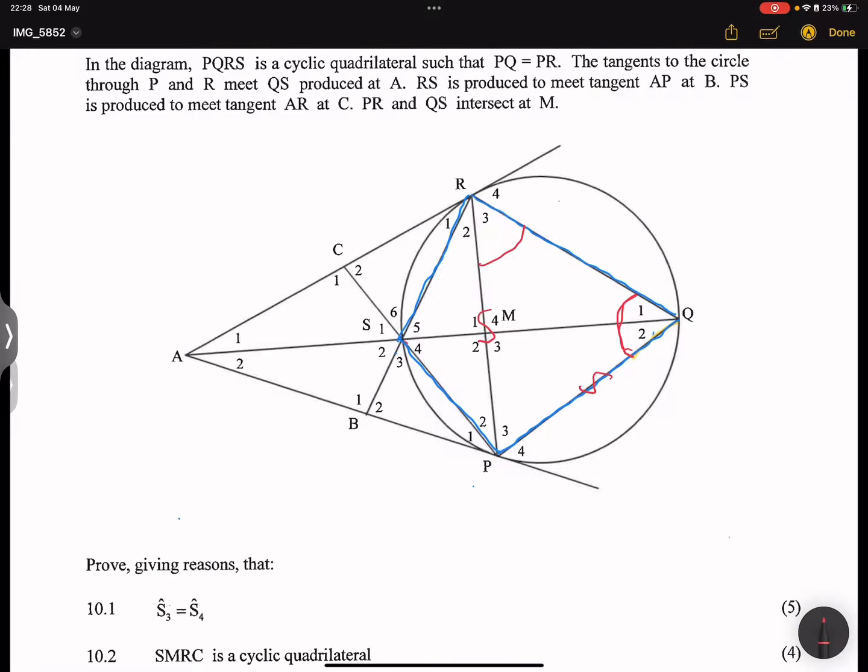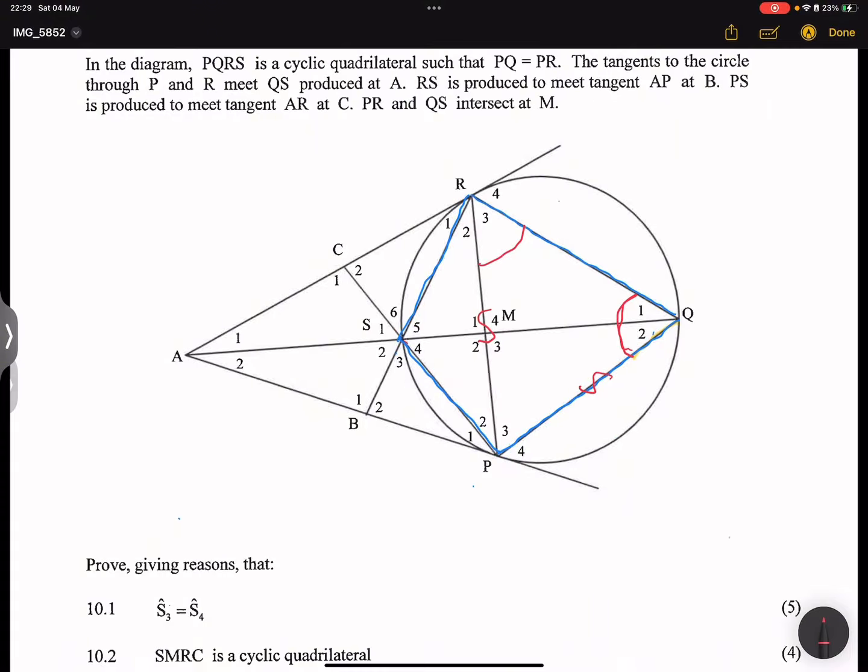Right, now let's continue. They say the tangents to the circle. Now please note, when we've got tangents, we might need to apply the tan-chord theorem or anything related. And in this case, because we've got two tangents, we might use tangents from the same point. Okay, so they say the tangents of the circle through P and R meet QS at A, right?